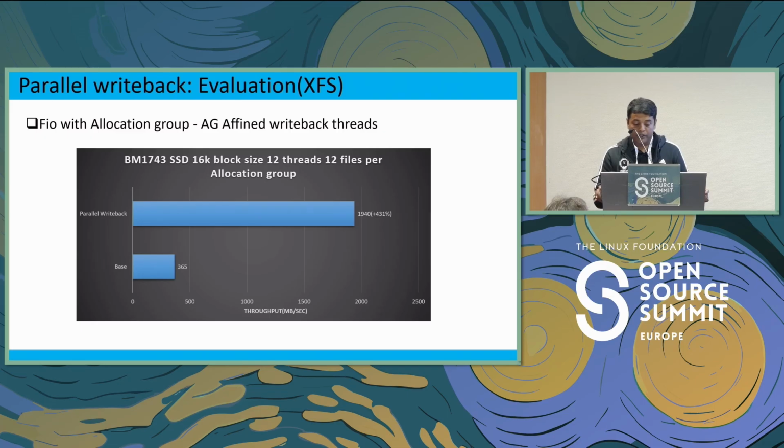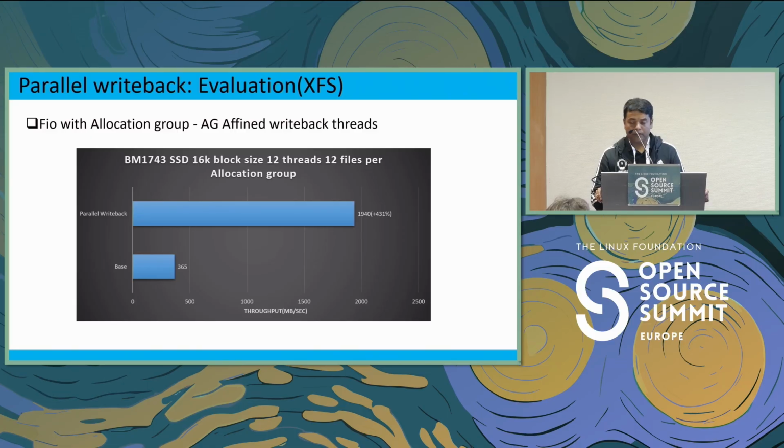The next evaluation we did was with allocation group affine writeback threads, and we see a huge improvement in the IOPS because of this. Here the workload is also tweaked. We write to various files belonging to different allocation groups in parallel. And then we see the write-back effects are very good.